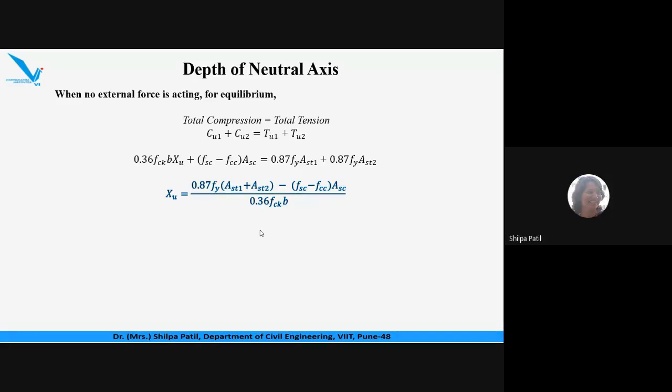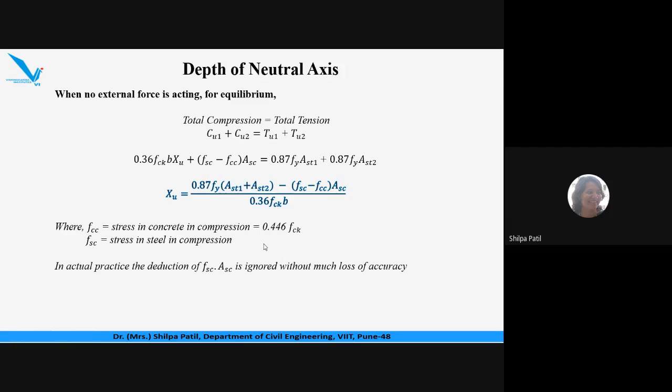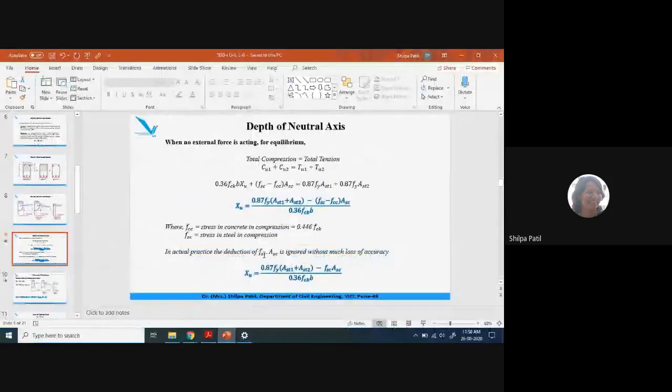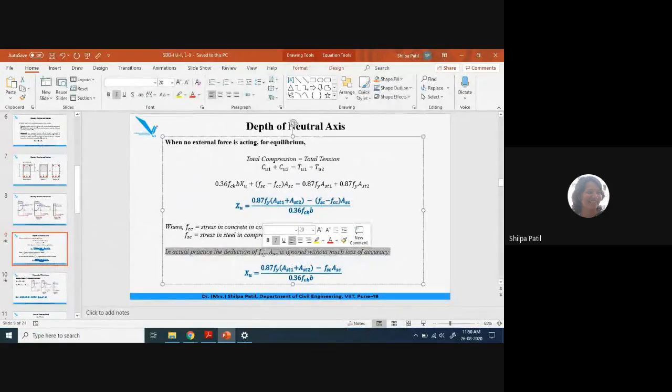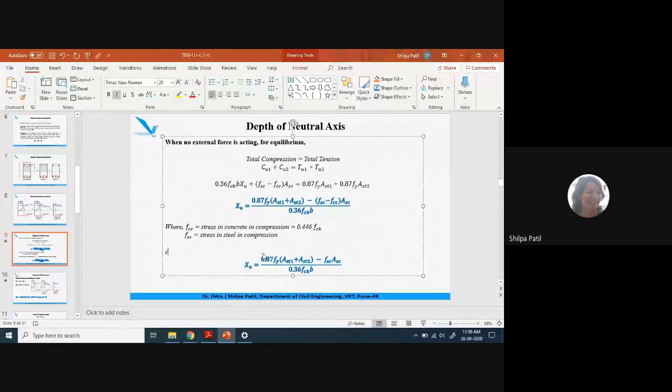Now, if you consider this term fcc, as I have explained, it is a stress in concrete in the compression, which is 0.446 fck, and fsc is the stress in the steel in compression. Now, in actual practice, this deduction of fsc into Asc is ignored without much loss of accuracy. One mistake I have made, I just want to make the correction here immediately.